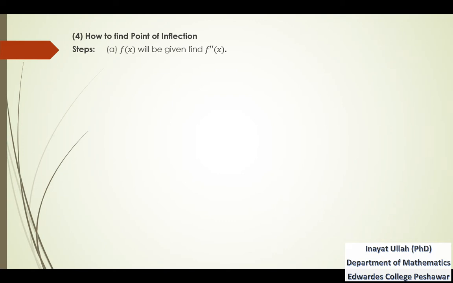Secondly, put that second derivative equal to 0 or infinity, undefined, to get the values of x where inflection is expected. Whenever you put f double prime x equal to 0 or f double prime x equal to infinity, you get the values of x for which inflection is expected.